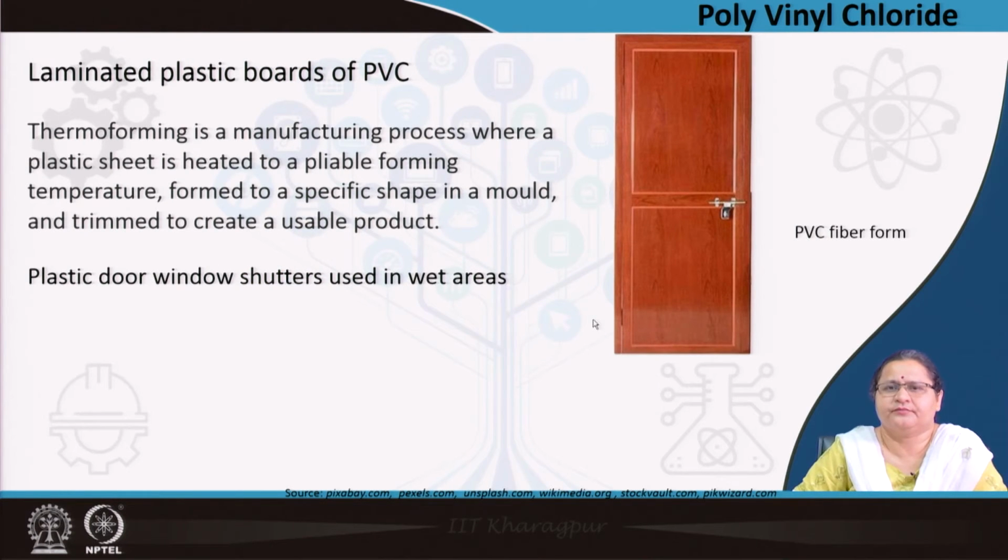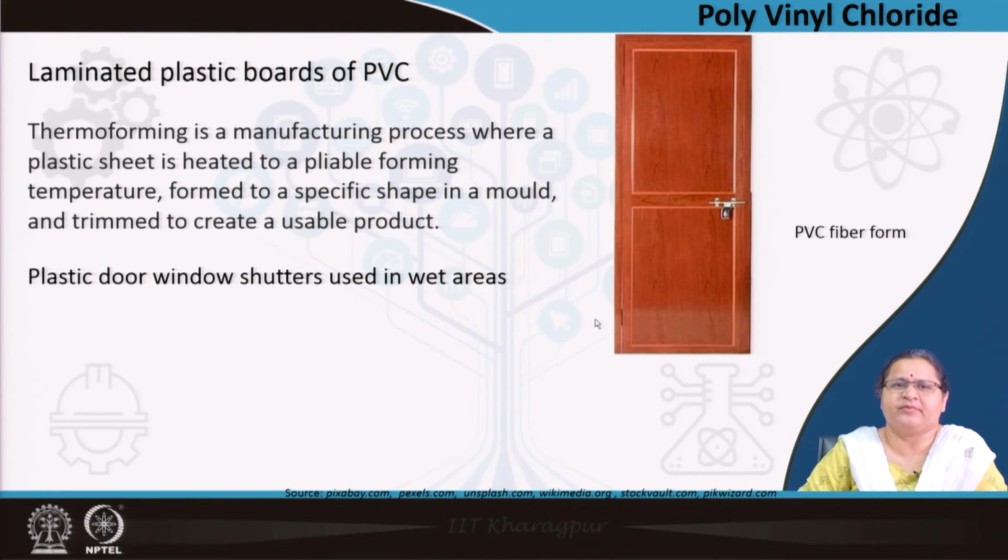We see here the laminated form of PVC. It is a sheet form. So, this laminated board has been obtained by thermoforming, that is, on heat application this particular form could be made possible. This is a ply of plastic of a given thickness which has been given this shape.